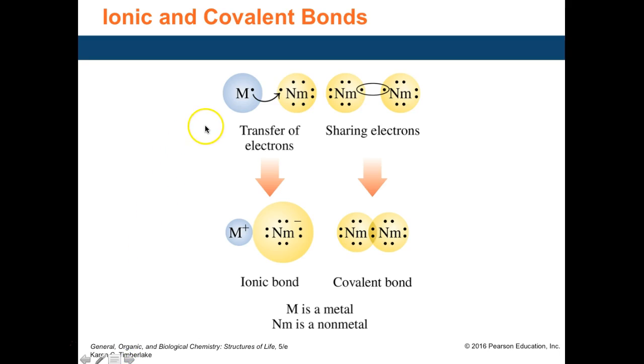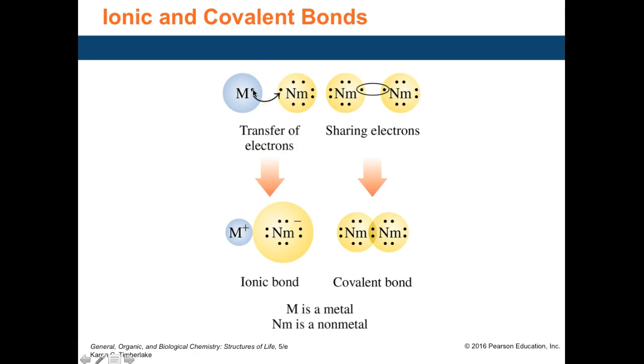Here you see a picture of a metal and a non-metal. The metal is losing an electron because it's easy for it to give up that electron, and the non-metal grabs it. If you count up the electron dots, you see 2, 4, 6, and it's one short of an octet. So it grabs that, and now it has its octet.